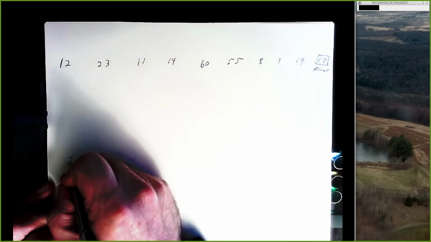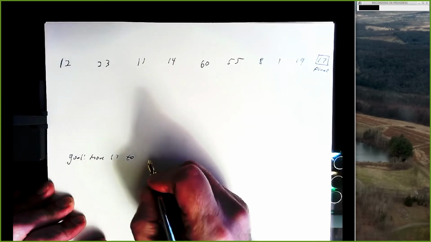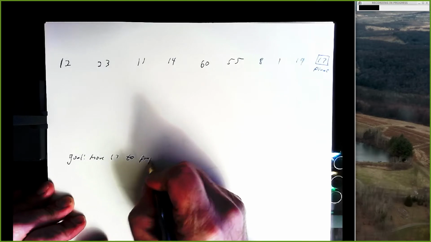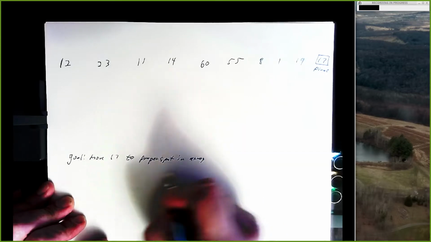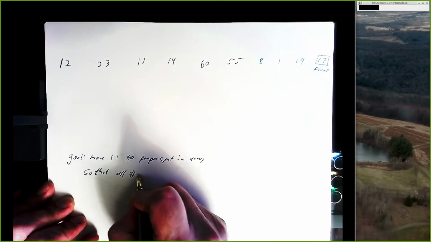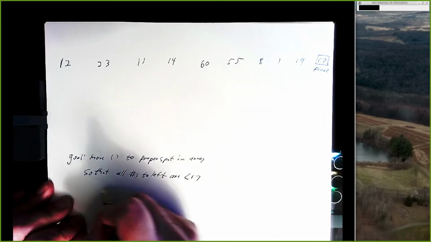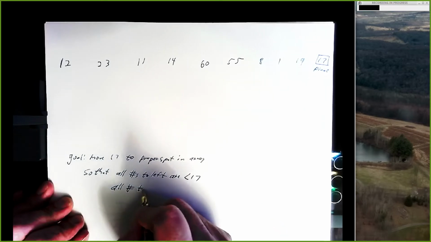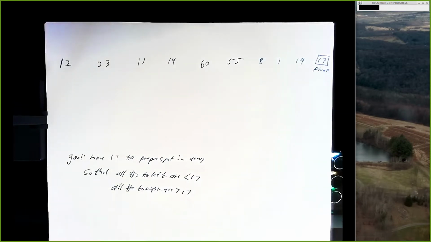So the goal: move 17 to the proper spot in the array so that all numbers to the left are less than 17, and all numbers to the right are bigger than 17. And we want to do this efficiently, in order n.